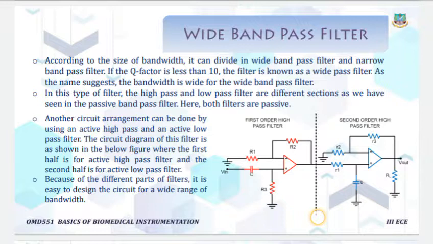Okay, in this type of filter, the high pass and low pass filters have different sections. Okay, this is the figure shown. This is the first order high pass filter and this is the second order low pass filter. Here both filters are passive filters.